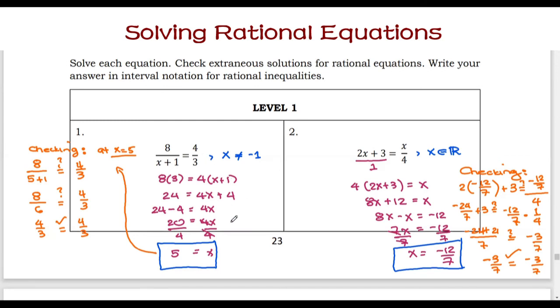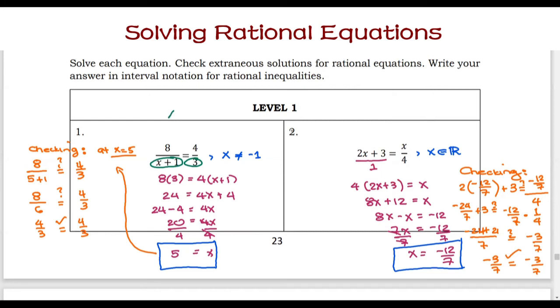You do the math, and then you will get x equals 5. Ginawa ko rin yung checking. Why I write x not equal to -1 here? X should not be equal to -1. Saan galing yan? Kasi tingnan ninyo yung mga denominator dito. You have x plus 1 at saka 3.